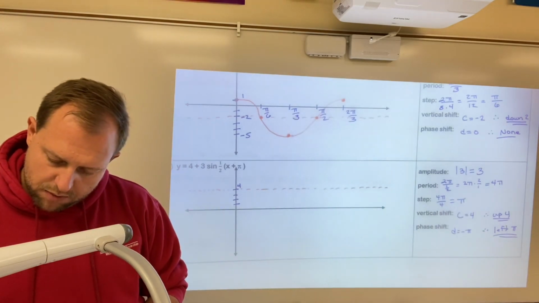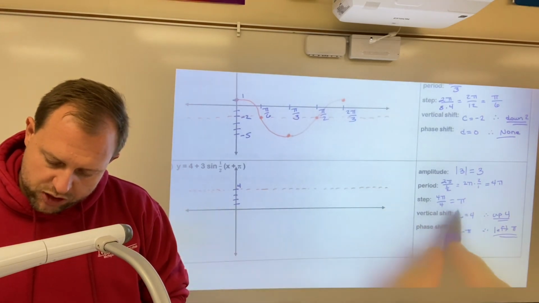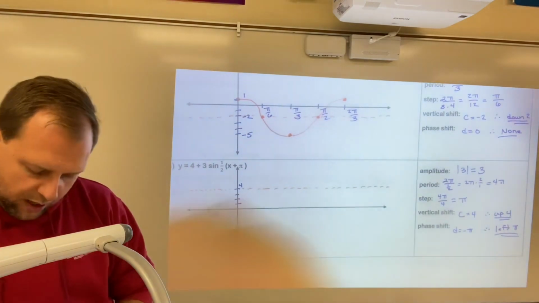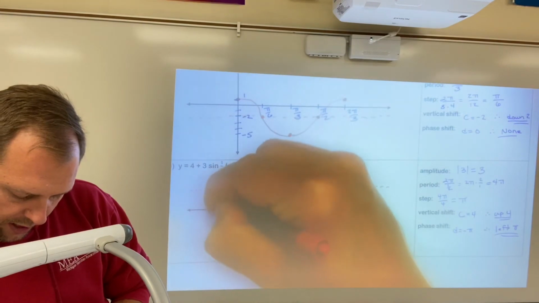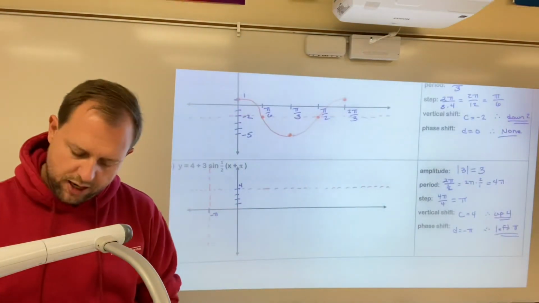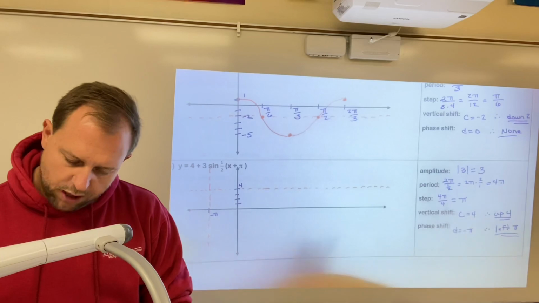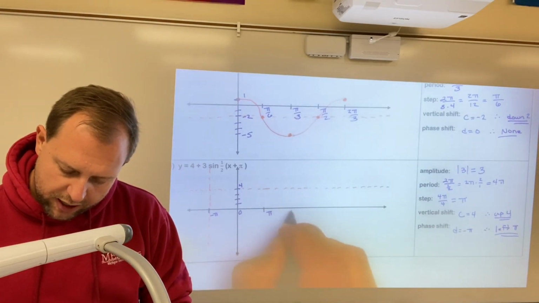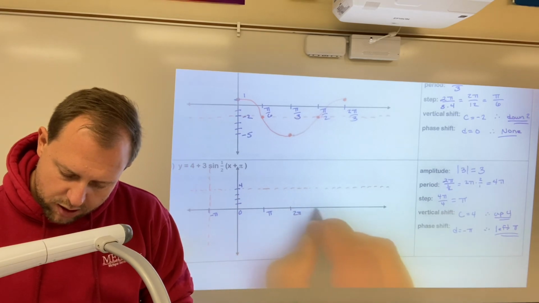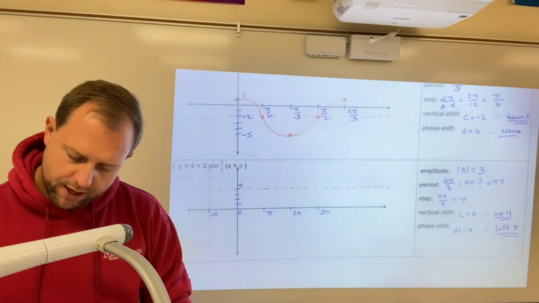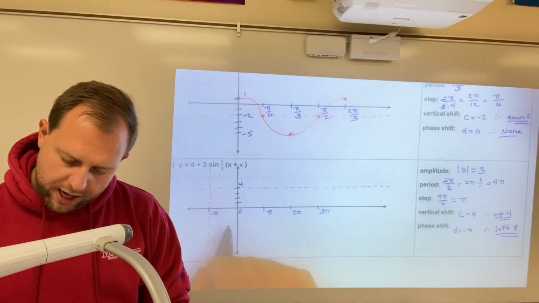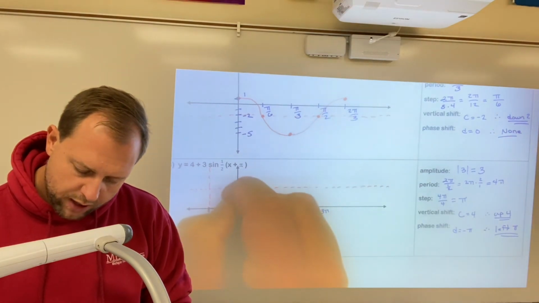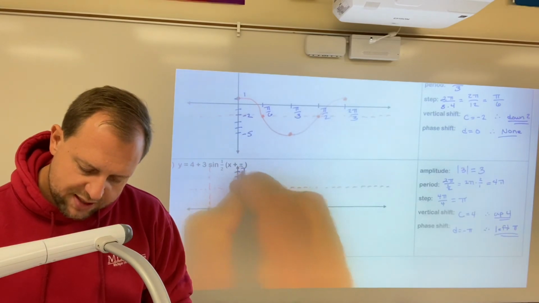And my left pi, which is 1 step, so I'm going back to a -pi, and my axis is there. My steps are pi's, so -pi, 0, pi, 2 pi, and 3 pi gives me 4 steps. And then my amplitude of 3 means I'm going from 1, 3 below 4, and up to 7.